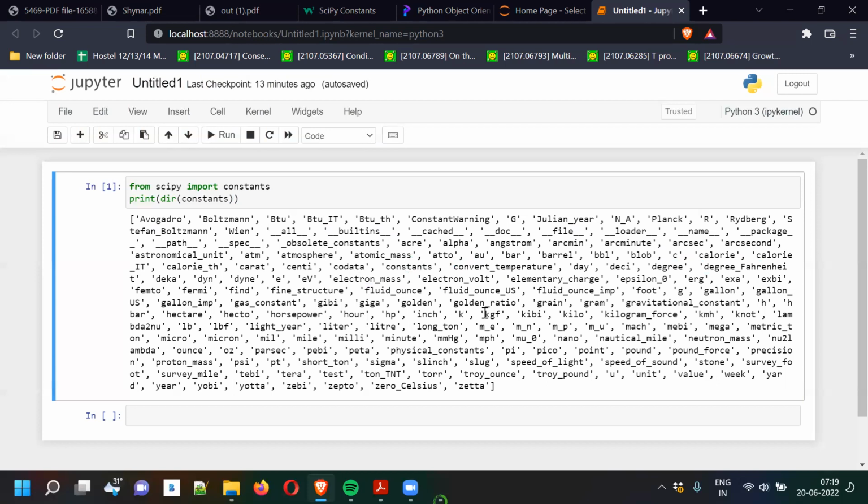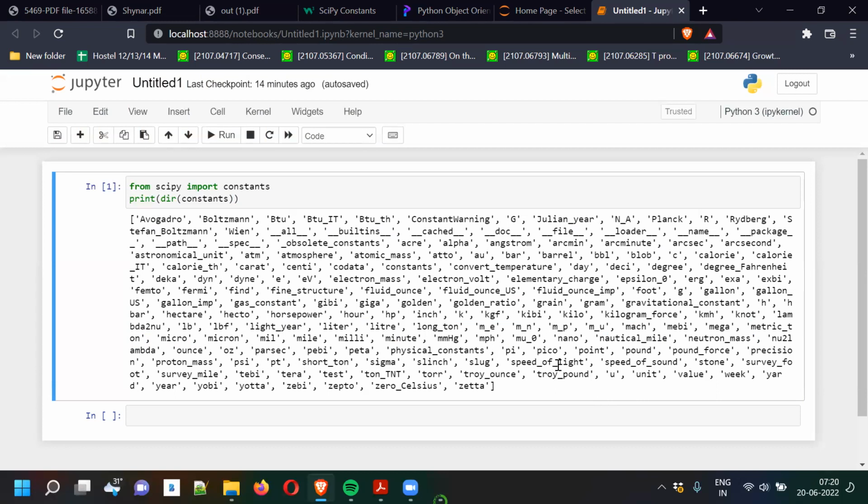So kilogram force, metric ton. This is metric ton. Then you have light year, again a measure of distance, liter, mph, miles per hour, nautical mile, psi, again a unit of pressure.